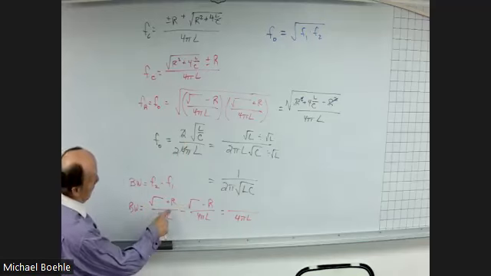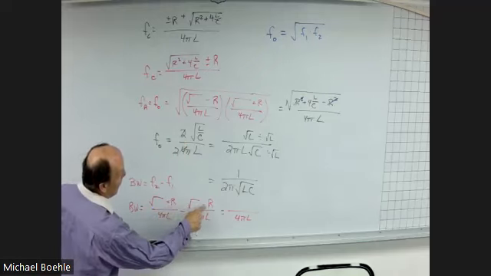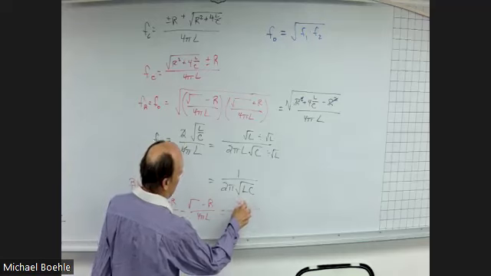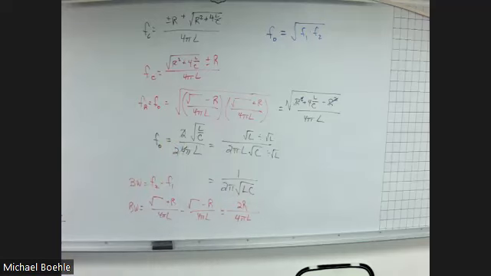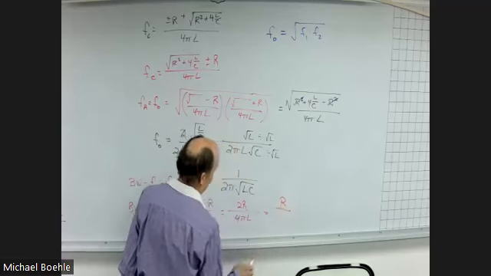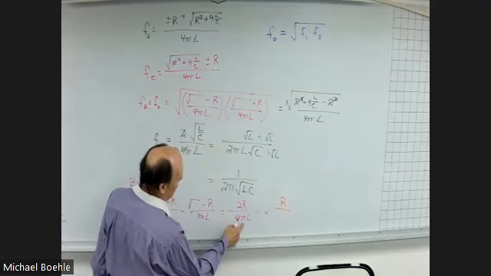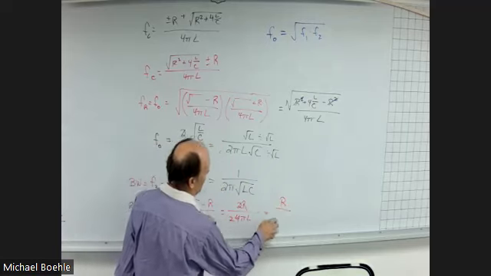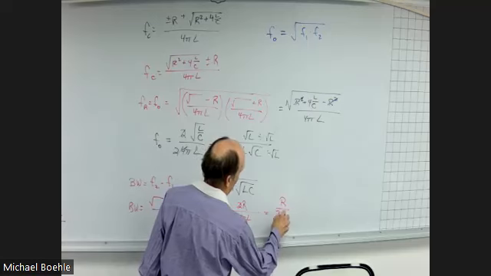And then I have R minus a minus R becomes plus R. And I end up with, which then turns to R over 2 pi L. So this becomes R divided by 2, right? So that cancels to a 2 pi L.